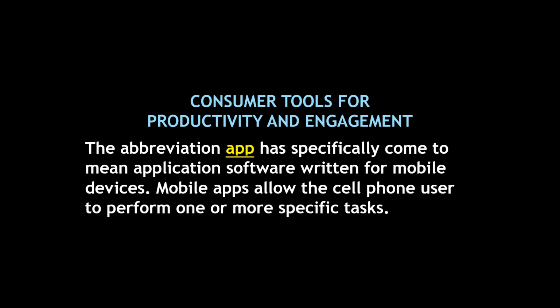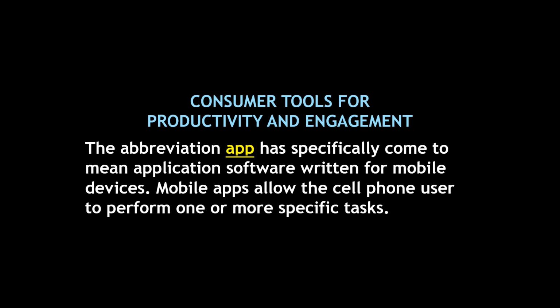And applications have largely been various types of computer programs or different tools that have been available on the web. But lately, the term app seems to more specifically mean software written for mobile devices.